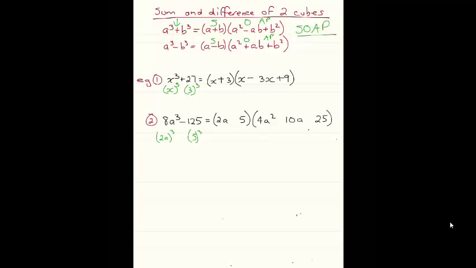Then we decide what signs. The first sign is the same as the one in the expression, the second one is the opposite, and the last is always positive. So 8a cubed minus 125 factorises to 2a minus 5 outside of 4a squared plus 10a plus 25.